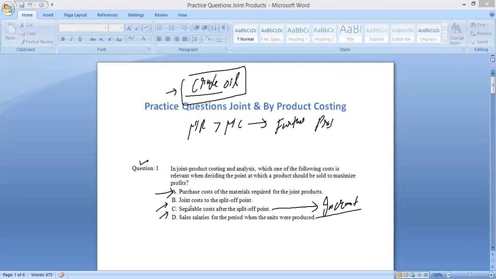So here separable cost is the most relevant cost which we consider when we want to maximize our profit and decide when we have to sell our product. So we will go for further processing if this condition is satisfied. So C is our answer.